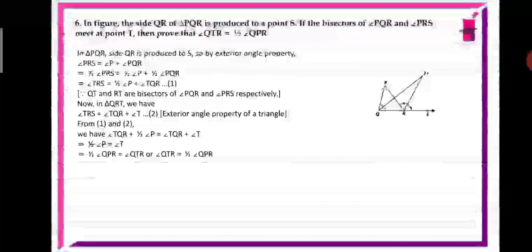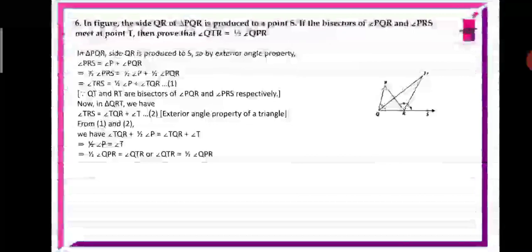Now we divide the entire equation by 2, because I want half of QPR. So half PRS equals half P plus half PQR.